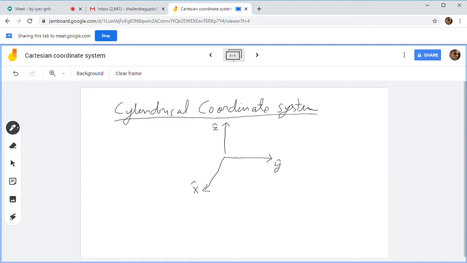So now in this cylindrical coordinate system, the first dimension we define is R. R is what? R is the radius. So if you want to define a point P and take the reflection to be P dash, so let me complete this. So this and this.